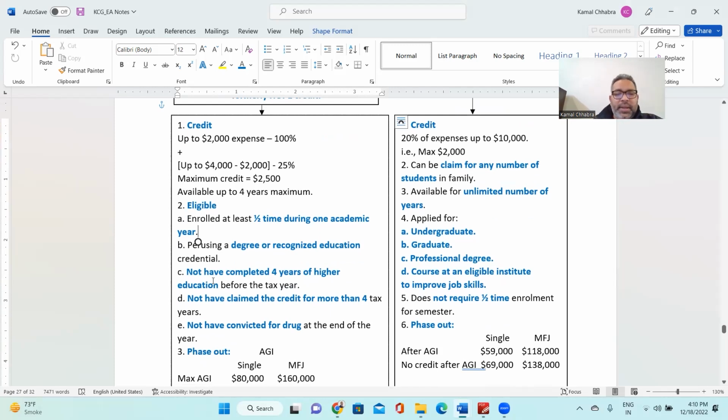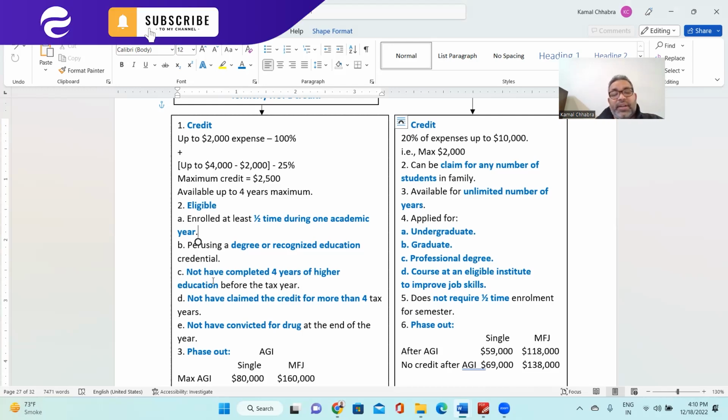So the C point says not have completed 4 years of higher education before the tax year. D point says not have claimed the credit for more than 4 tax years. So the individual can claim the tax credit for a maximum of 4 years of higher education, not more than that.